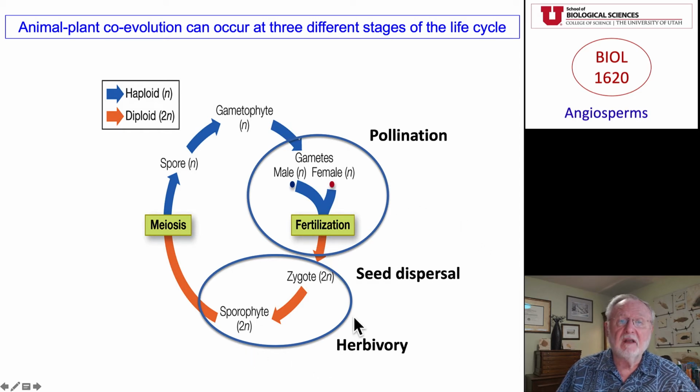And lastly, we find in the adult sporophyte patterns evolving that reduce or limit herbivory, that is the consumption of plant material by animals. So we find 3 different phases in which we see the evolution of plant-animal interactions: pollination, dispersal, and herbivory.